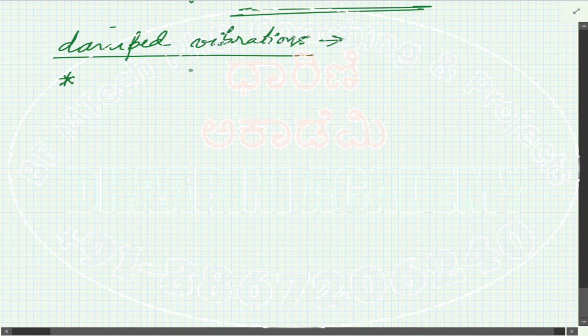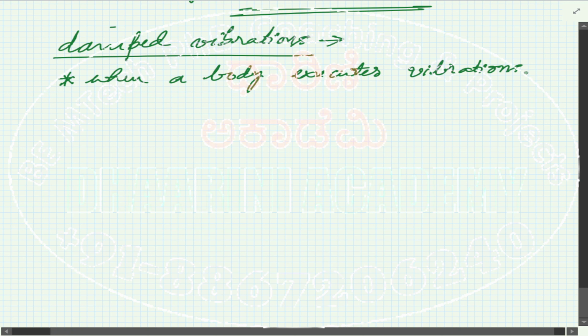When a body executes vibrations, the amplitude keeps on decreasing.